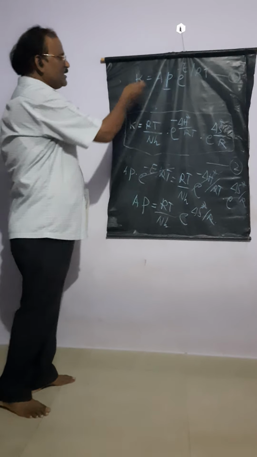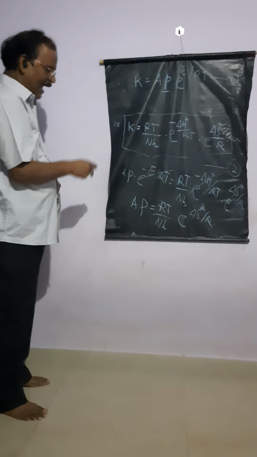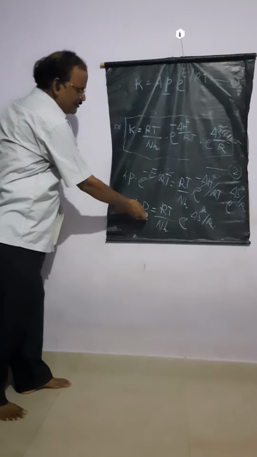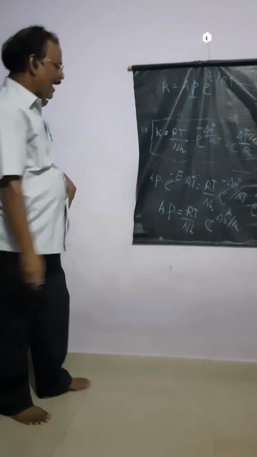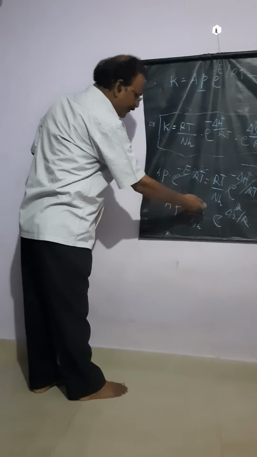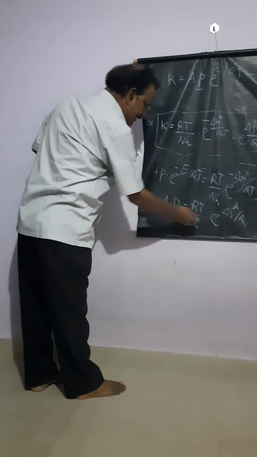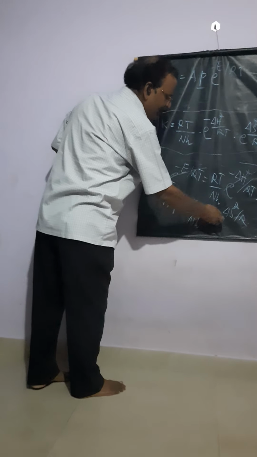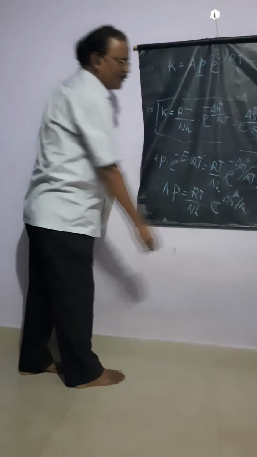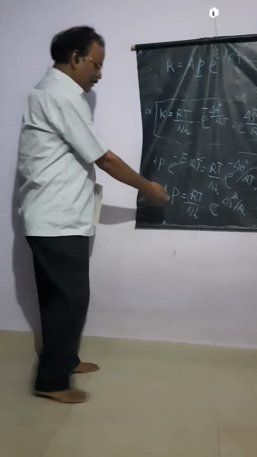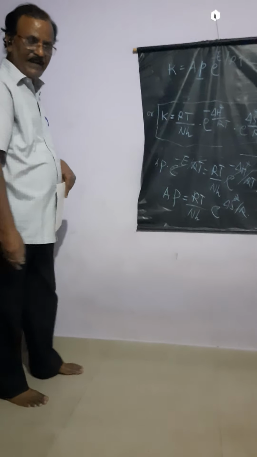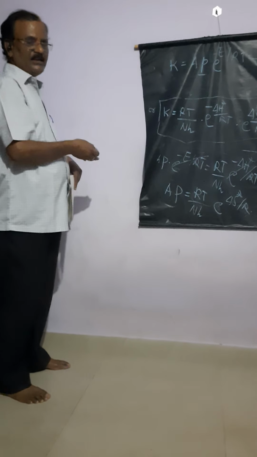And this steric factor P can be calculated by means of transition state theory as P is equal to RT divided by Nh into A into e to the power of delta S star divided by R, where A is the Arrhenius factor. As usual, it has a mathematical form.